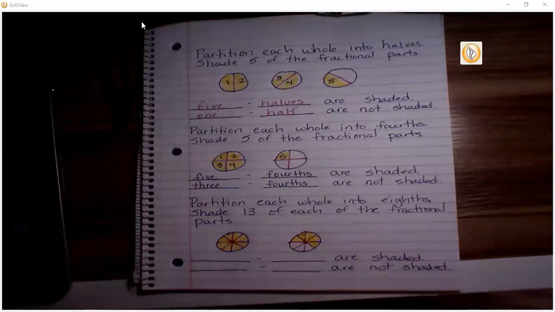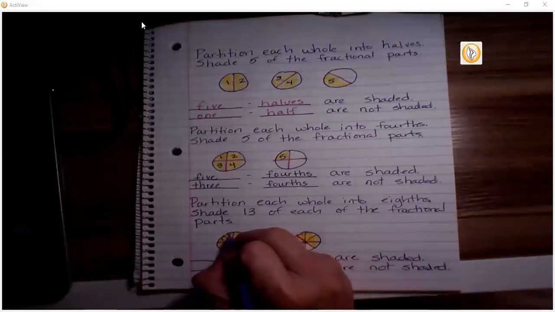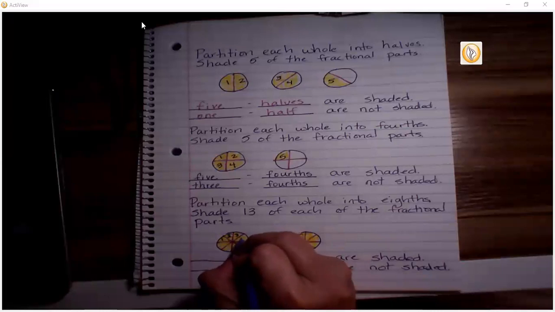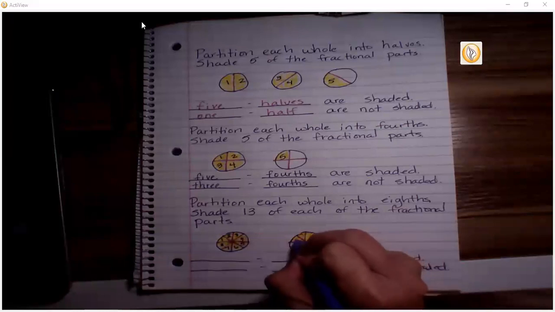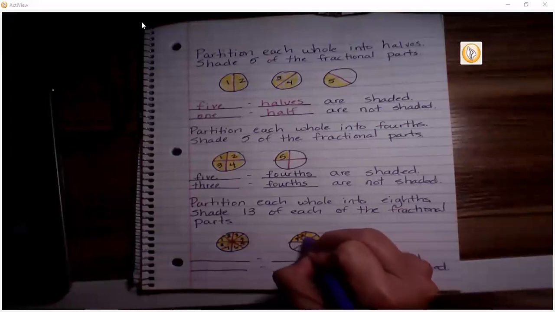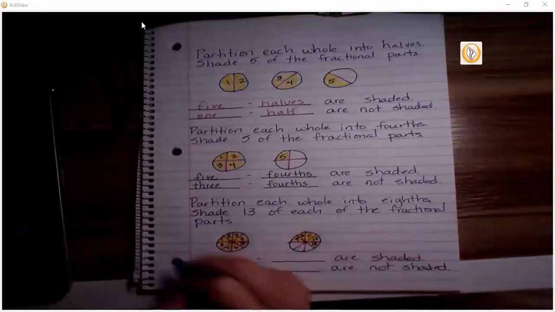Let's go back and make sure we didn't miss anything. 1, 2, 3, 4, 5, 6, 7, 8, 9, 10, 11, 12, and 13.